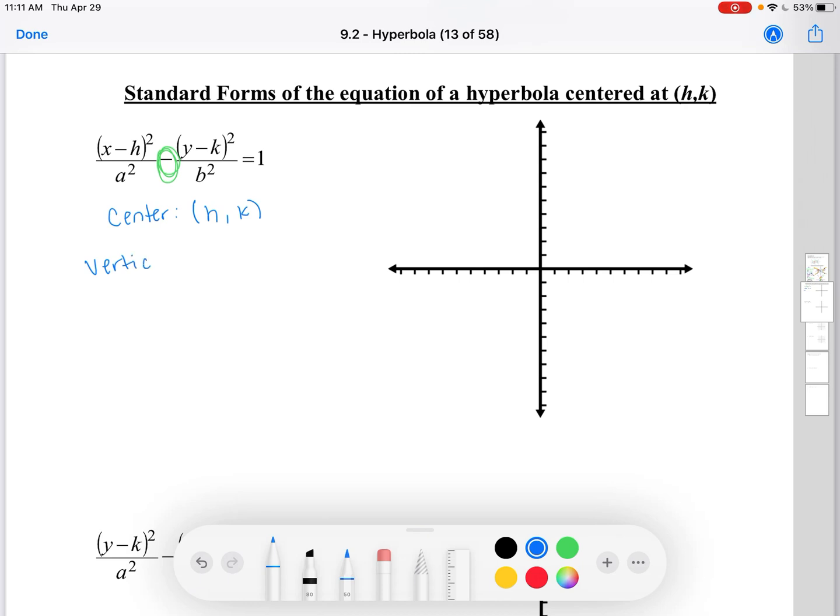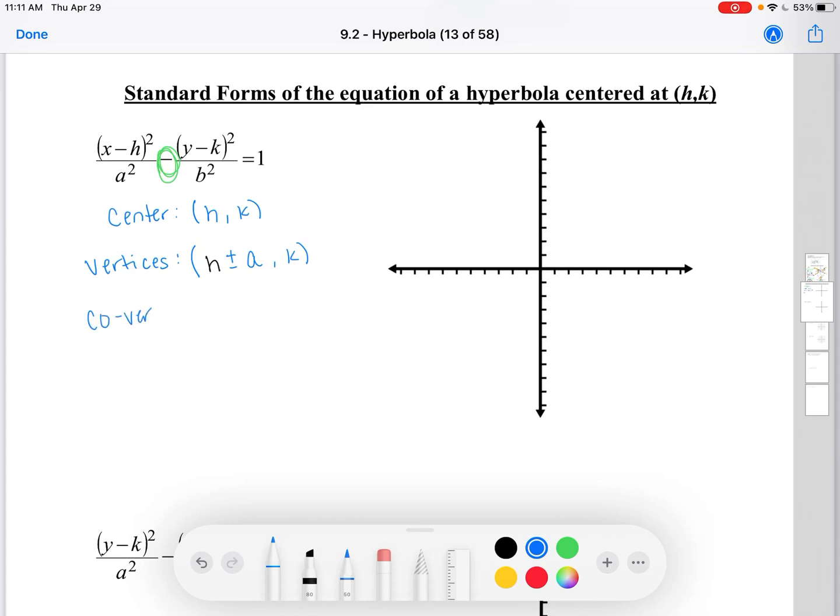My vertices, pay close attention to where that a value is getting affected. It is working with the x. So if I had an actual center point, I would have h, and then my a would be affecting my center point as a plus or minus a, and the k will stay.